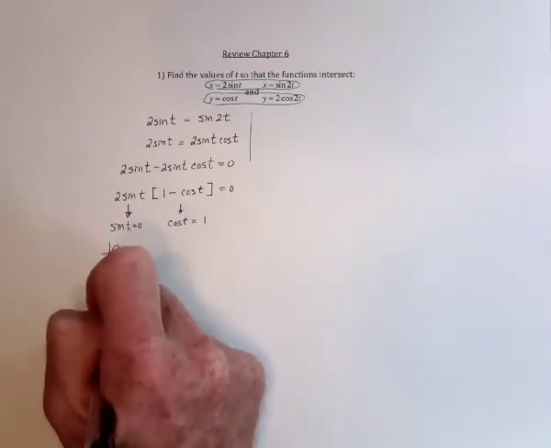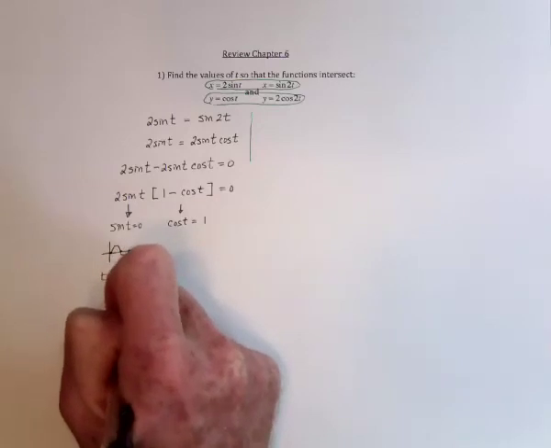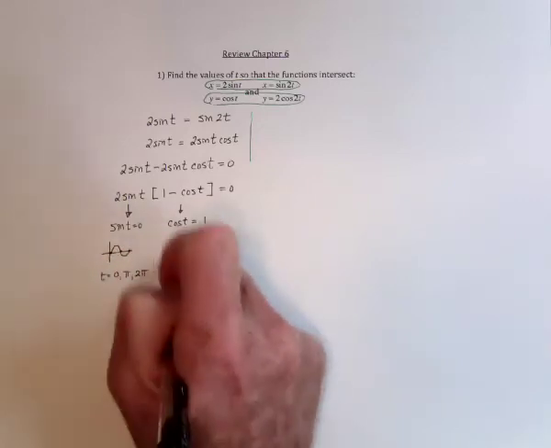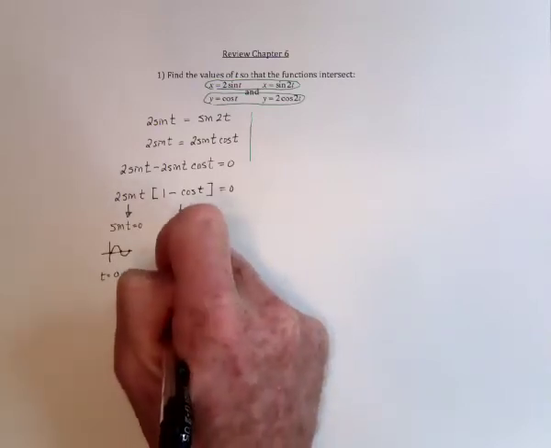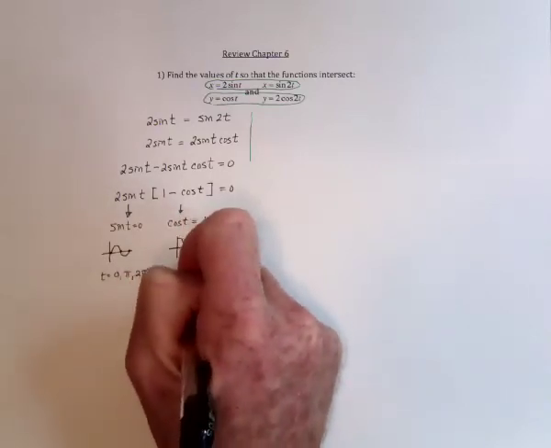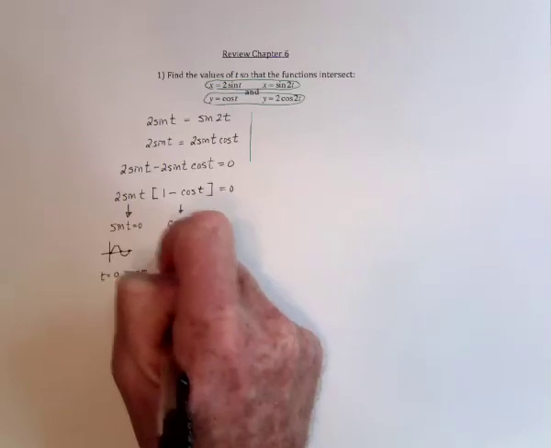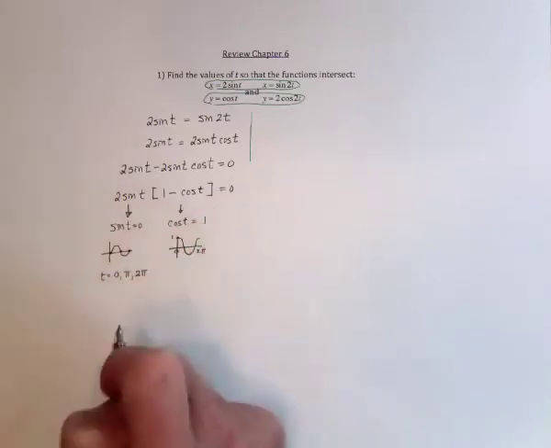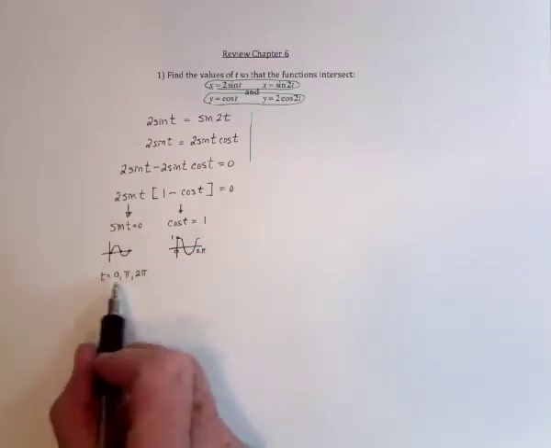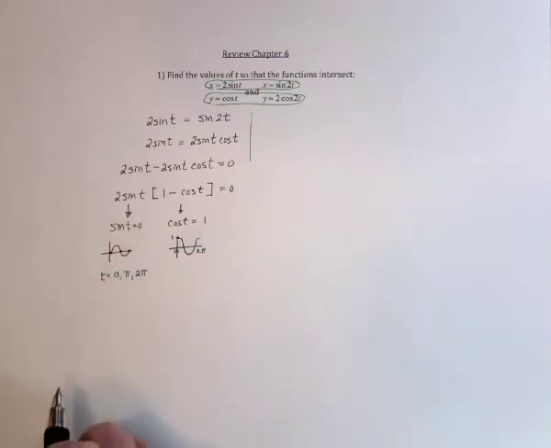So t equals 0, pi, 2 pi. And then this one says, as well, when cosine equals 1, that's at the top. So that's at 0 and 2 pi, which actually is not new information. I already have that, so thanks, cosine.